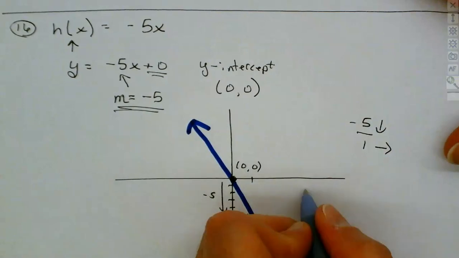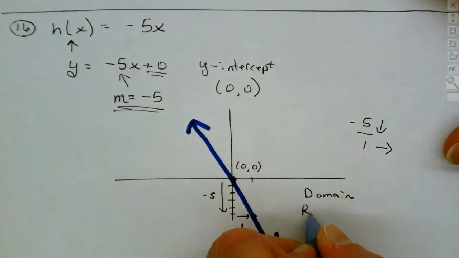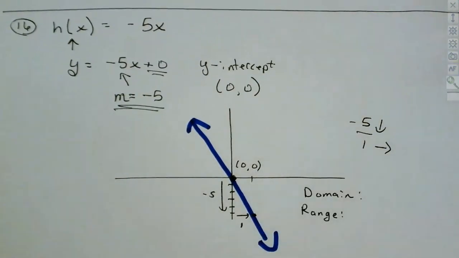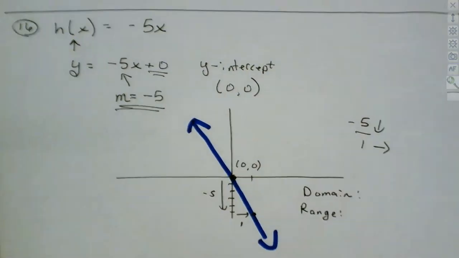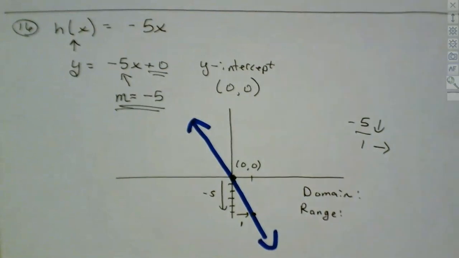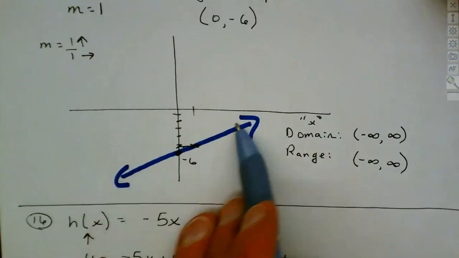What is my domain and range? We just talked about this. Does anyone remember what the domain and the range would be? Well, what was the last one? That was a diagonal line.